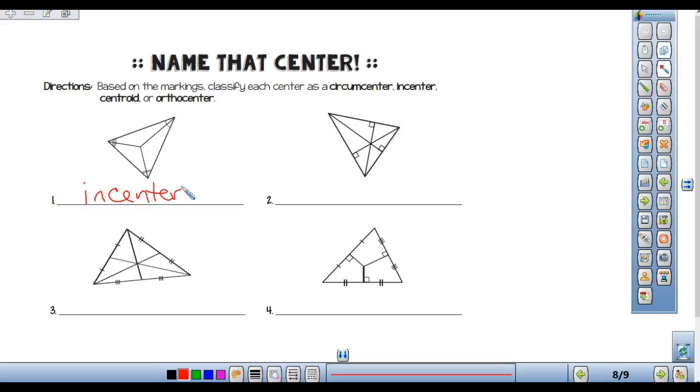We've got 90-degree angles, but there are two things that create 90-degree angles: altitudes and perpendicular bisectors. Which one do I have right now? Altitudes, because I don't know if these split them in half. So I have altitudes, and if I have altitudes, I have the orthocenter. Yep, you might have to actually flip the page and look at it.